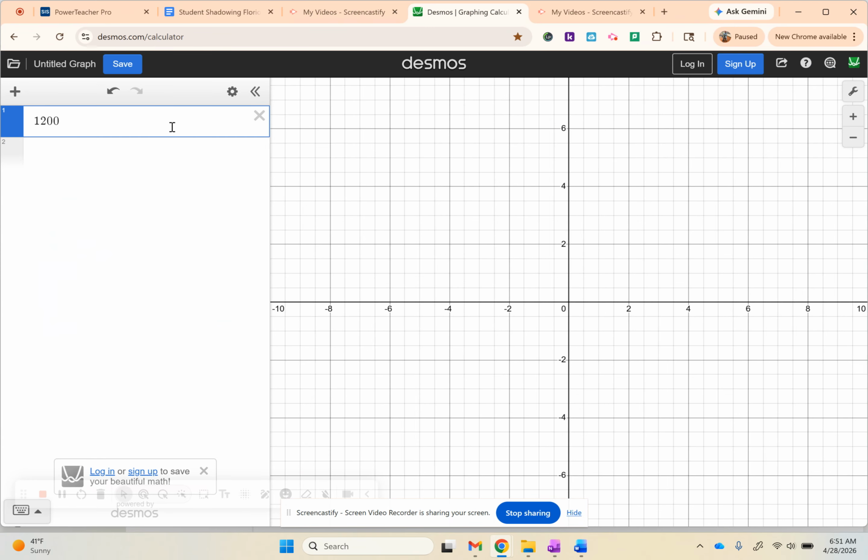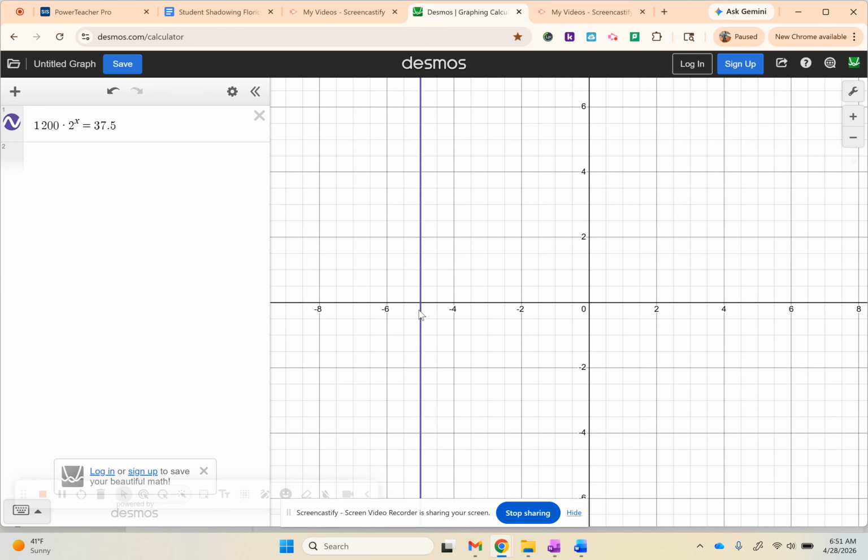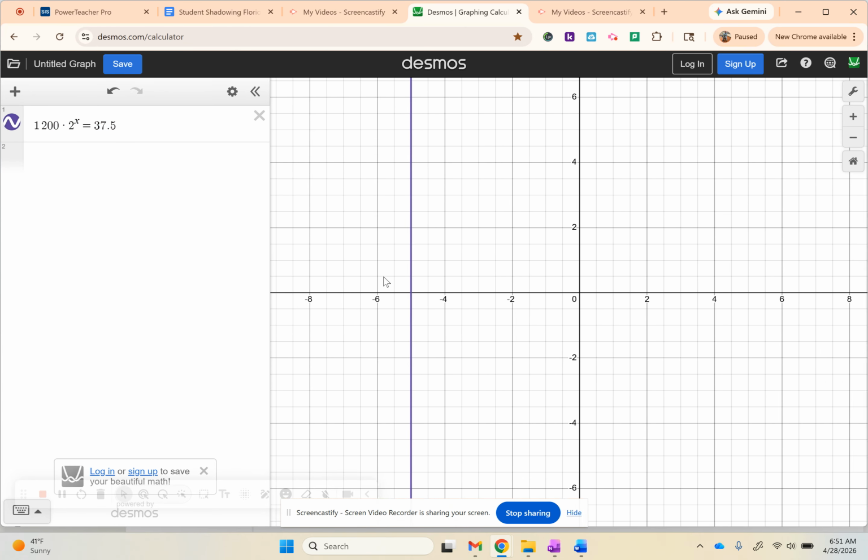We want to know when 1200 times 2 to the t equals 37.5. We got to use x if we're on Desmos, not t. Oops. There we go. So if I type that equation in, we can see that right here it's at -5.